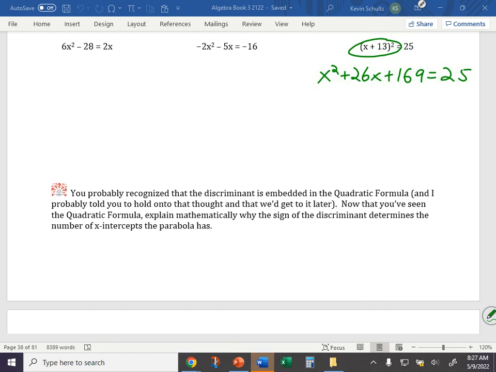Okay? Still not in standard form, though. So what would our final step be here? You have to take the 25 out. Move the 25 over so that it equals 0. Right? And now you're good to go.